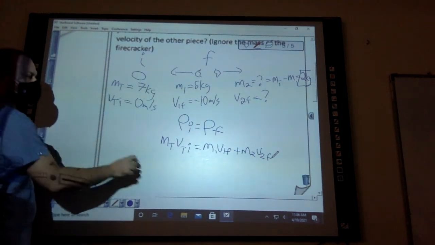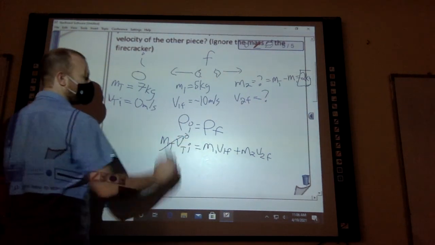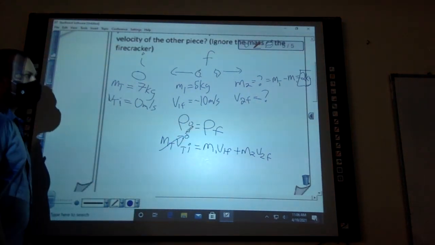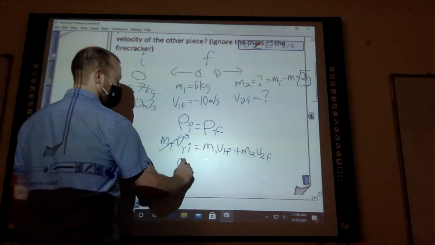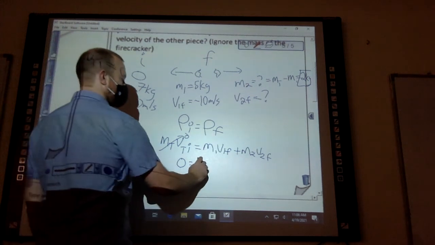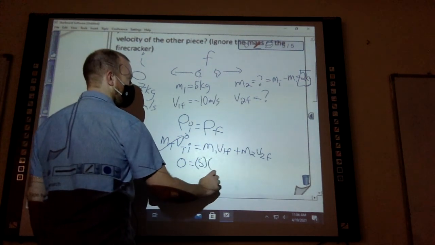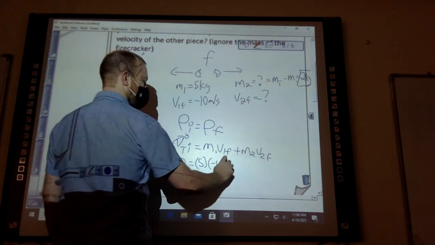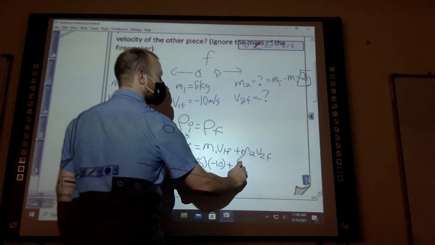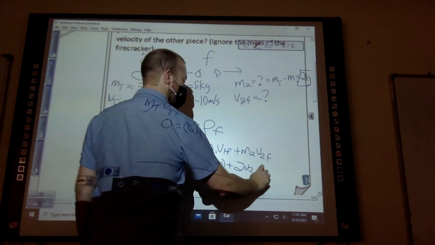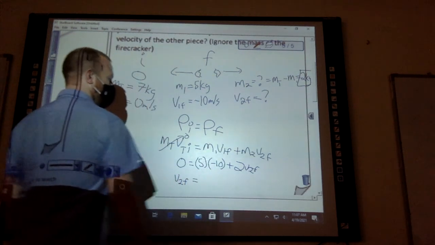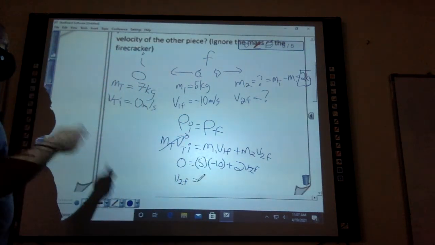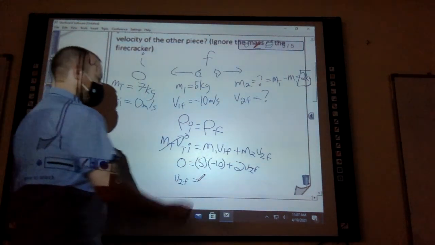My initial momentum is 0, since the initial velocity is 0. And then I just solve for V2F. So 0 equals 5 times negative 10 plus 2 times V2F. Negative 50, bring it over, positive 50 divided by 2 is 25.